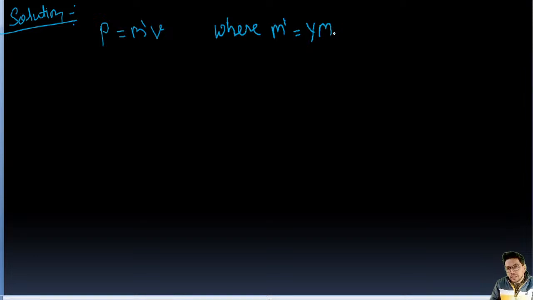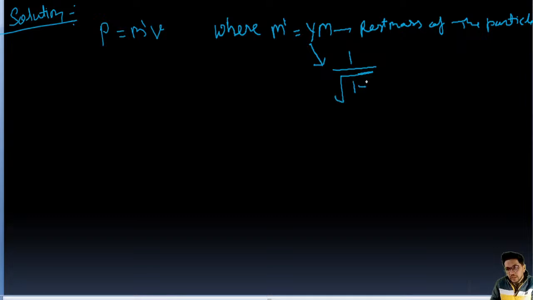Sorry, my apology, m is the rest mass of the particle, and the value of gamma is 1 upon root 1 minus v square upon c square.